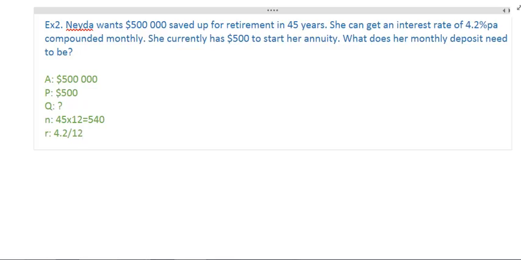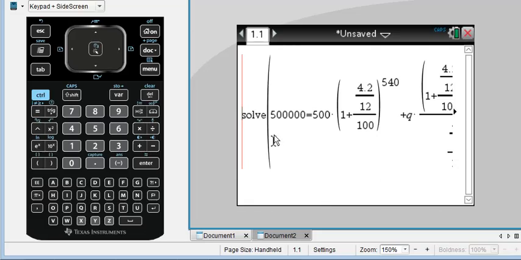So in this scenario, if we were to just fill in the equation and type it in on the CAS, unfortunately, because the Q isn't isolated, it's not going to solve for it immediately, so we will need to use solve. So I'm going to do a little bit of magic here like they do on the cooking shows. I've already got it all set up here.